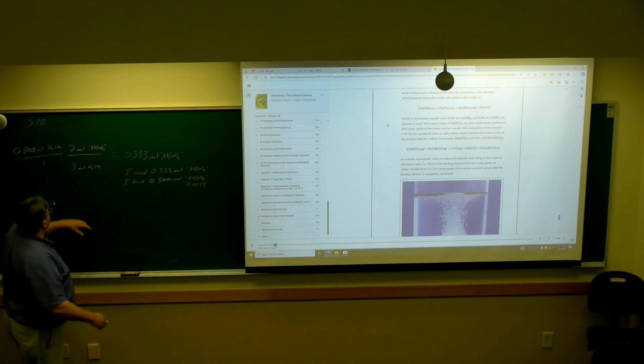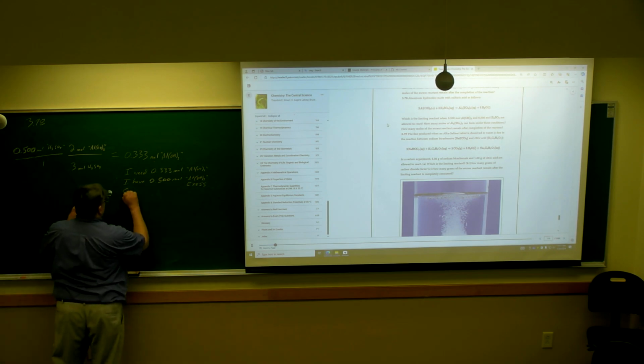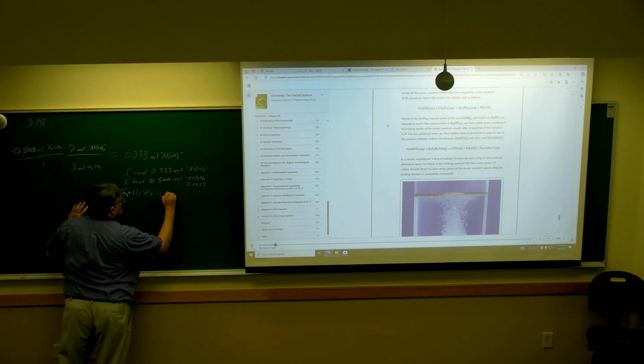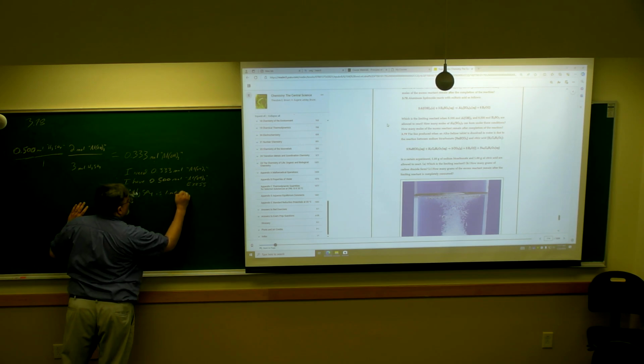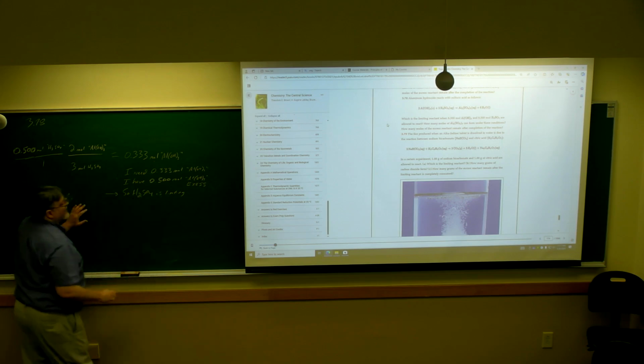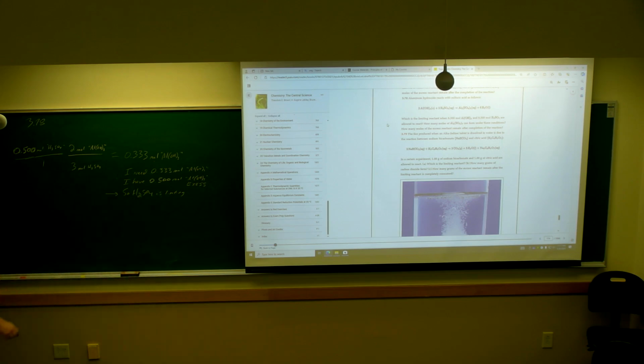Which necessarily means the other one, H2SO4, is limiting. So we have all we need. We could go back and start with Al(OH)3, but we're just going to come to the same conclusion.